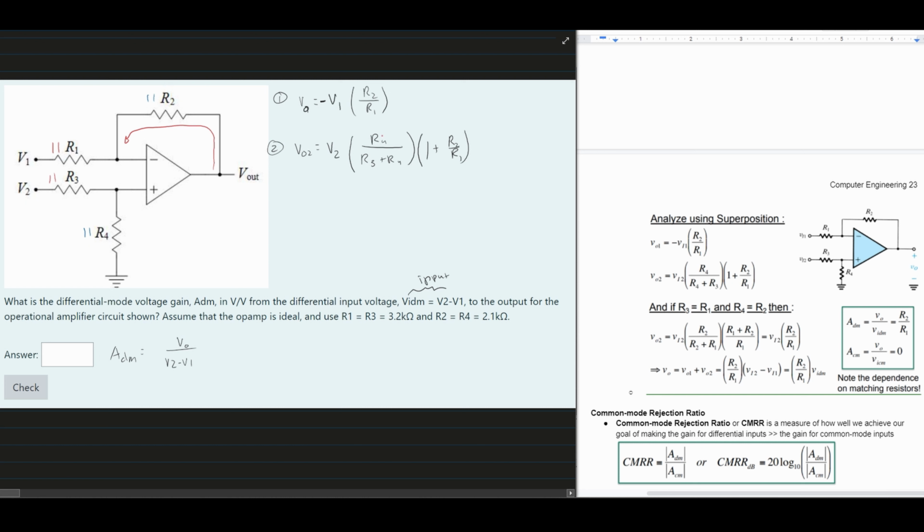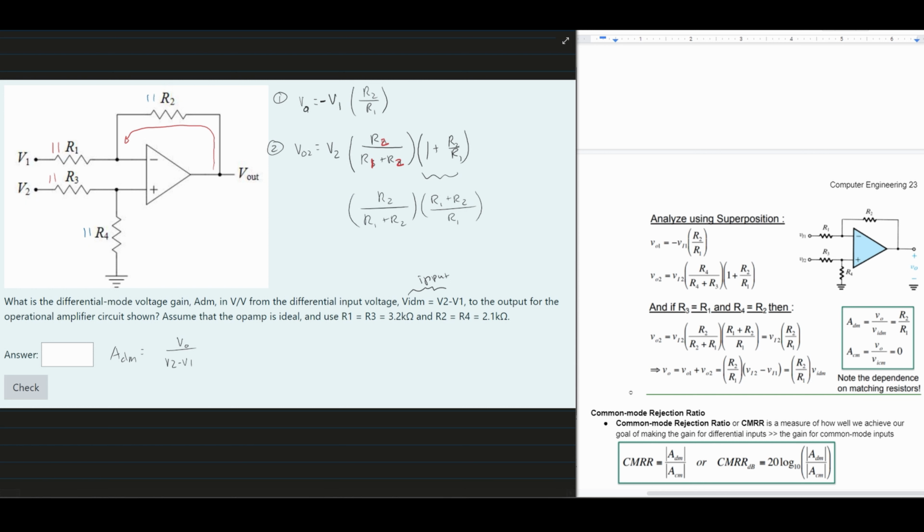If we see that these have equivalents, with the R4 being equivalent to our R2 and the R3 being equivalent to R1, and we do some calculations, we'll do this part first. We're going to have R1 plus R2 over R1, multiplied by our R2 over R1 plus R2.